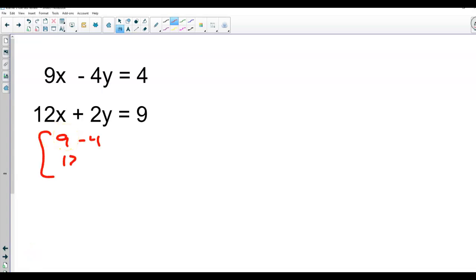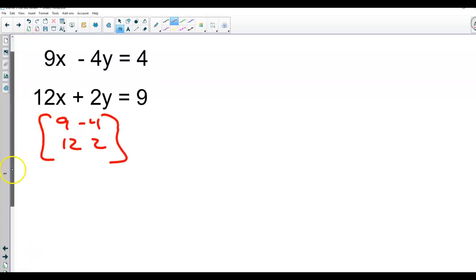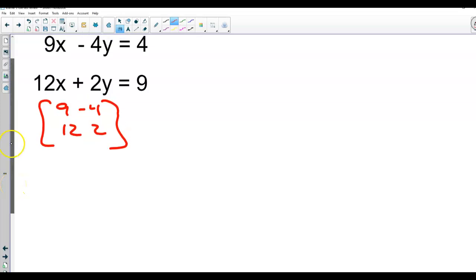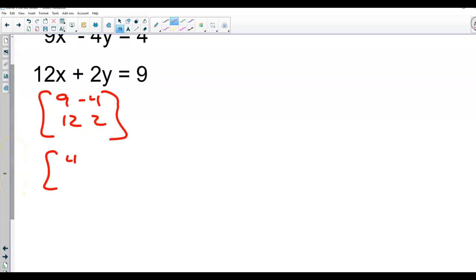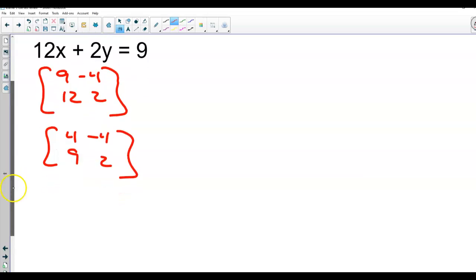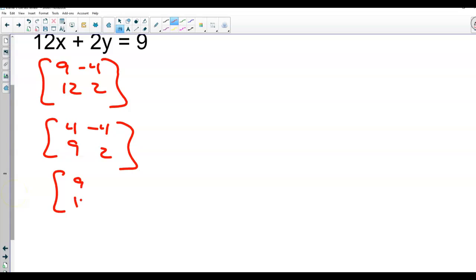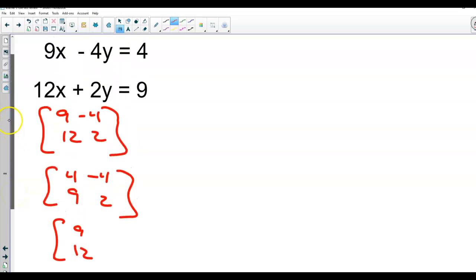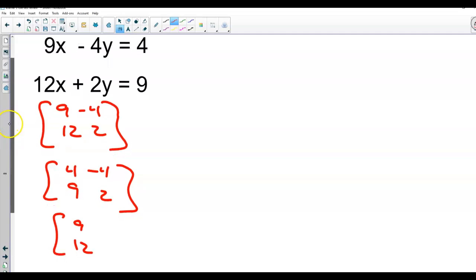9, negative 4, 12, and 2. Replace the 9 and 12 with 4 and 9, negative 4 and 2. And then we have 9, 12, and we replace that negative 4 and 2 with 4 and 9.